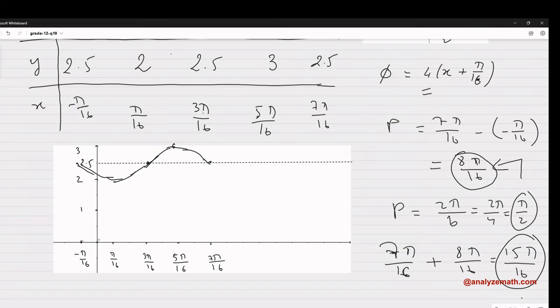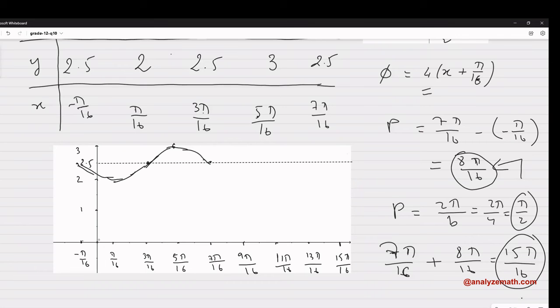So 7 pi over 16, and here 9 pi over 16, 11 pi over 16, 13 pi over 16, and 15 pi over 16, the end of the second period.